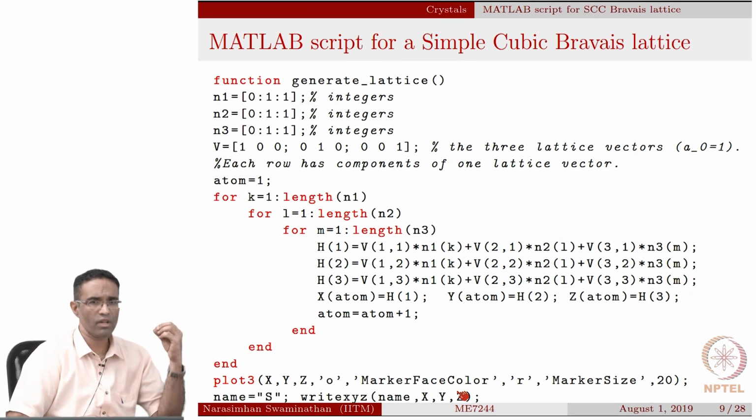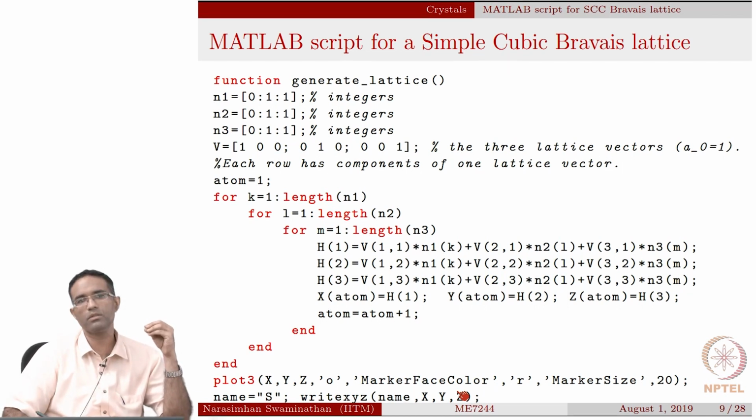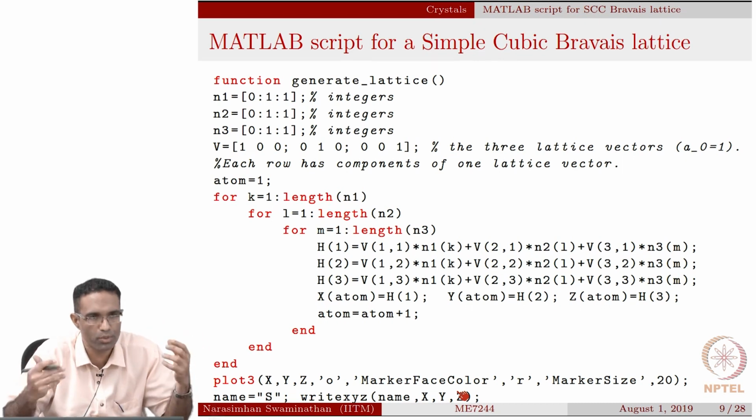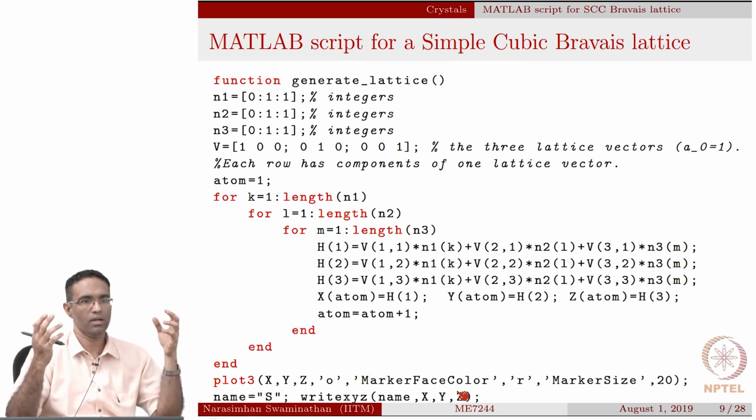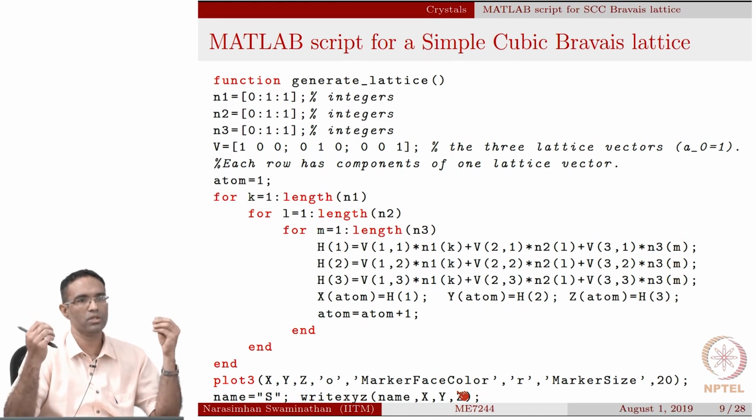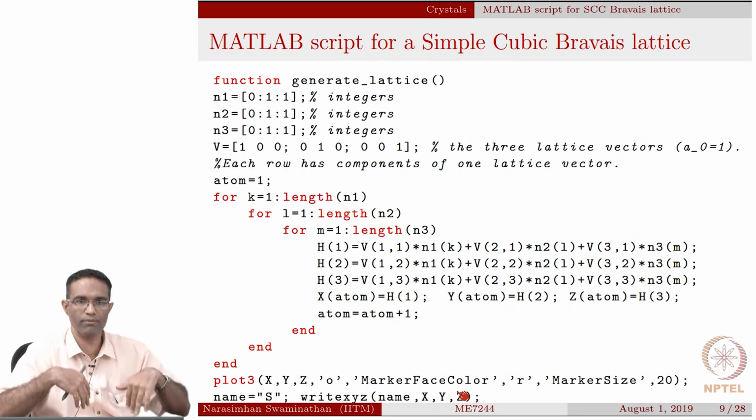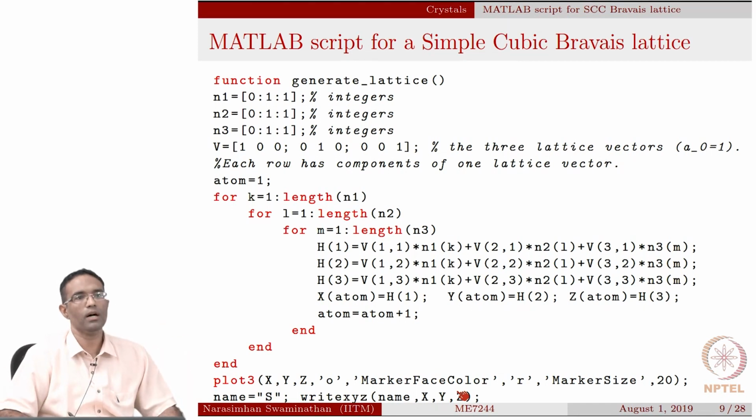Now, whenever you are working with computational materials modeling, you don't use MATLAB to visualize these lattice structures. There are several programs which can read in coordinate files in different forms and show you the crystal structure. That is usually very convenient.